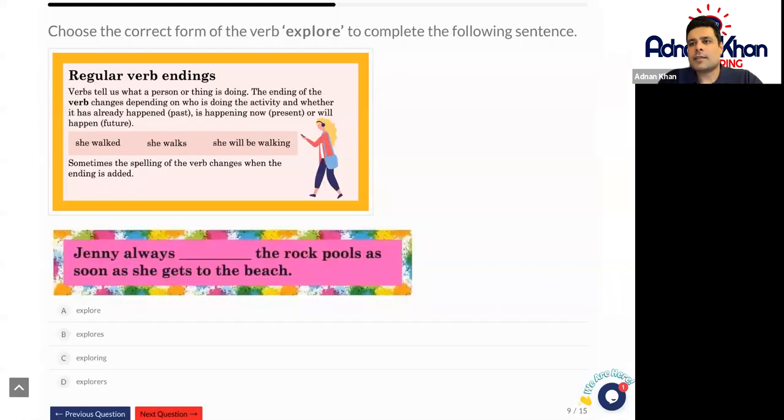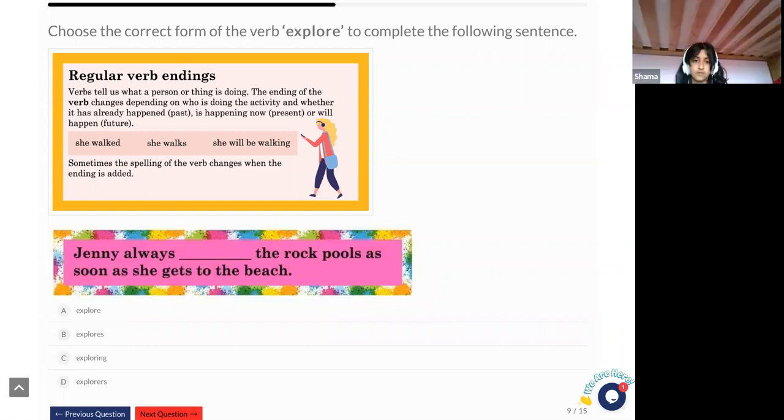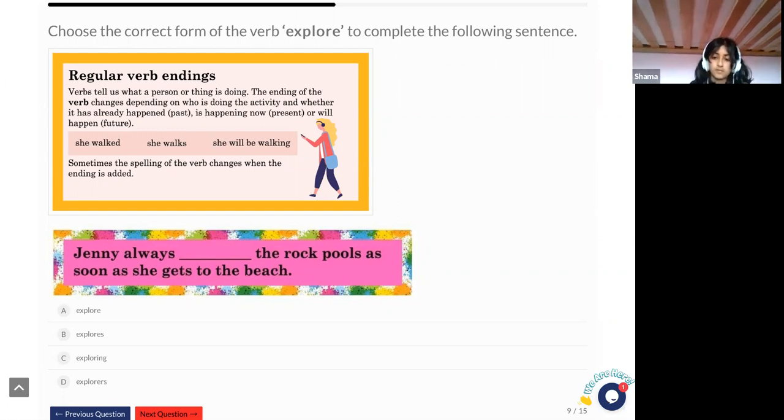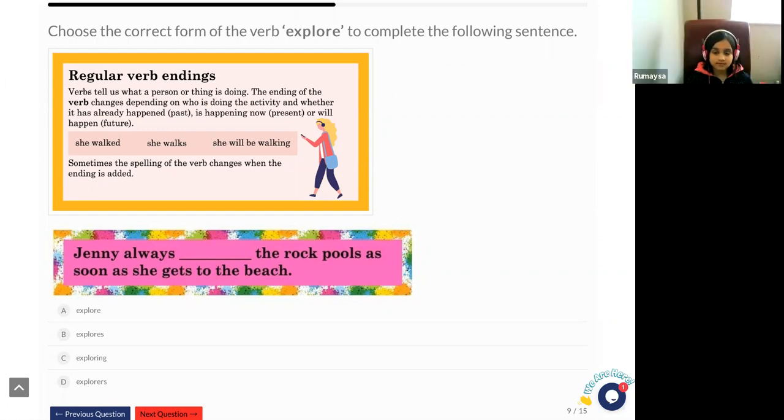And let's now move over and we'll go to somebody else. Let's go to Ramesa. Hello, Ramesa. How are you? I'm good. Very good. So read the sentence and let me know what you think could be the correct word in this case.